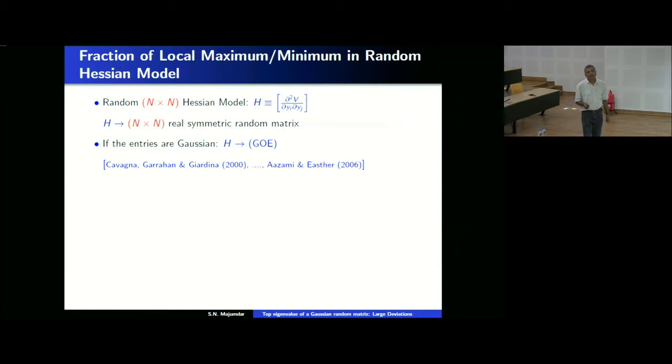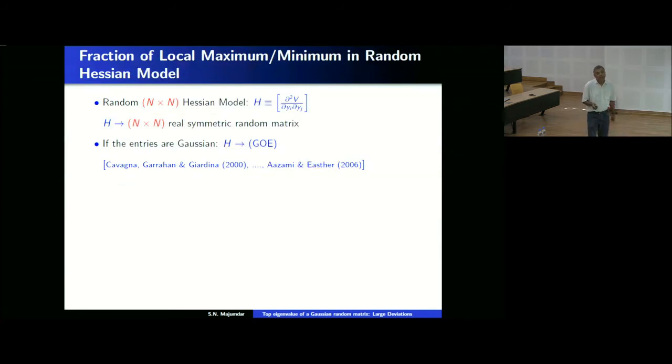Imagine that all I know is a real symmetric matrix, and I just assume that it is a Gaussian matrix, random, with Gaussian entries. This is what is called the Gaussian orthogonal ensemble, and it was first studied in this context by Cavagna, Garrahan, and Giardina, and later, as I said, string theorists were studying exactly the same model.